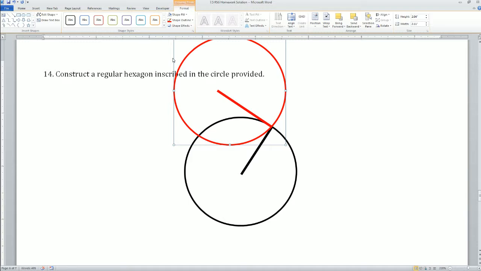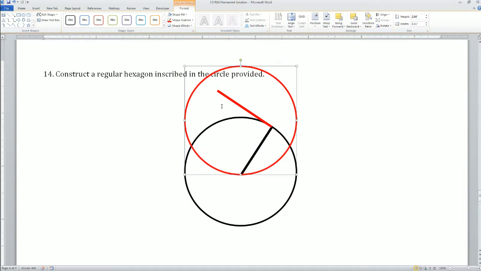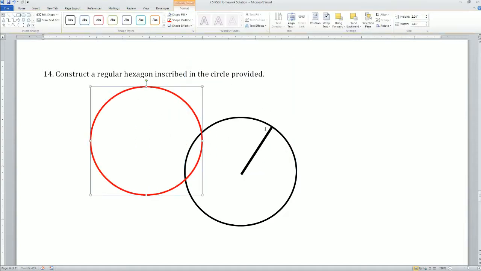Alright. Okay. So, hold on. A hexagon has six sides. So curve there. Oops, sorry. That's the curve I want. Hold on. Okay. So we have that radius. Good.